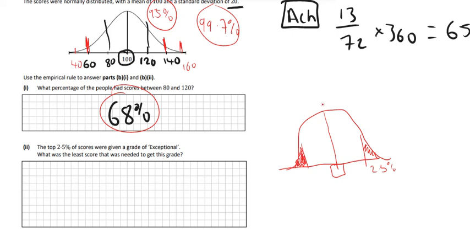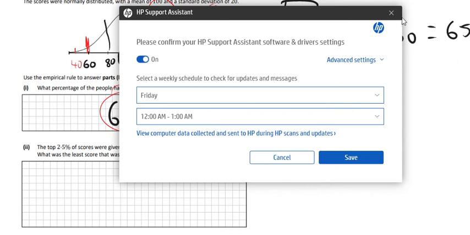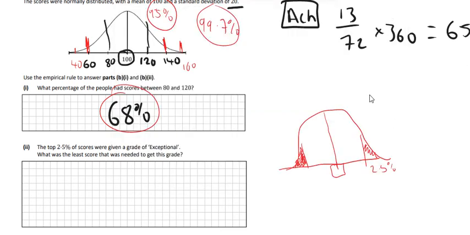So really what we're kind of asked for here is the 95% info. So if you think about it, like I was saying in the other one, 95% is between 60 and 140.